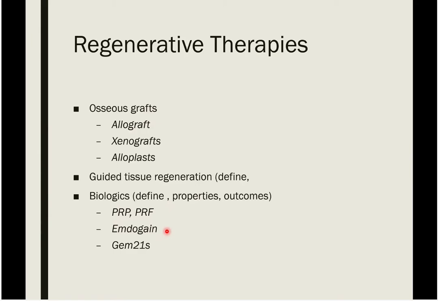Then we have Emdogain, which is a porcine-derived amelogenin, and Gem21S, which includes a carrier of beta-tricalcium phosphate, which is an alloplast, with PDGF. So please know what the products are, properties, and the potential outcomes. So that means just going through the slides that I covered on each of these.